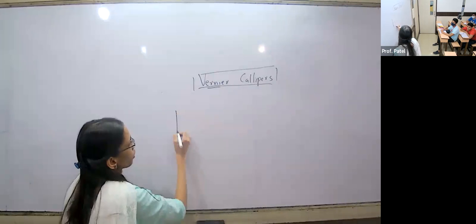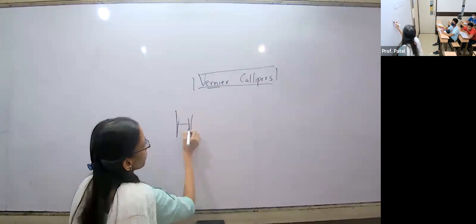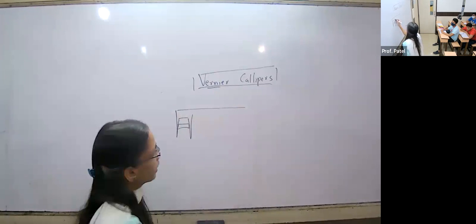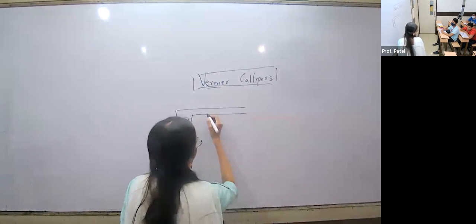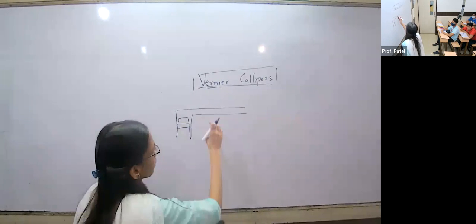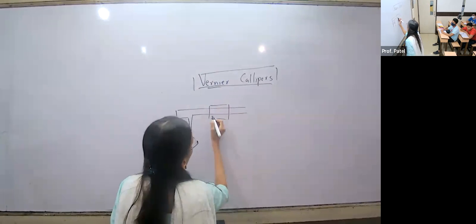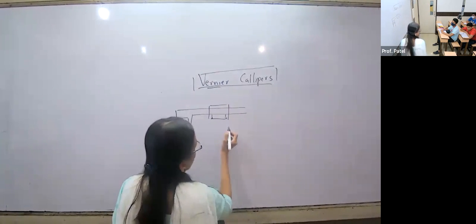So let's say I have placed my object, and my jaws give me some reading. And how do we measure in this case? The vernier caliper has some zeros. It has 0 and it has 10.